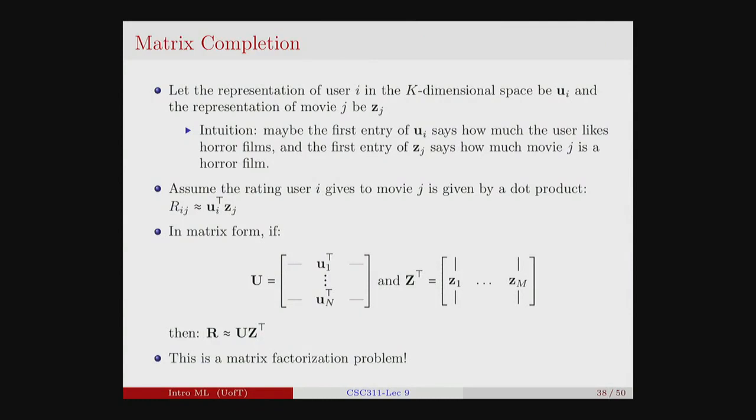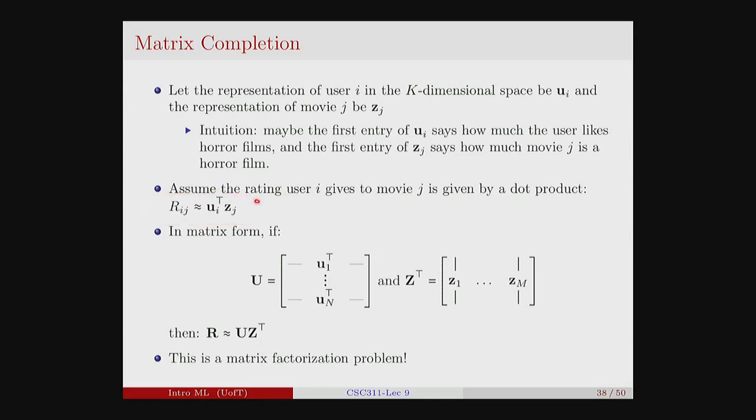So let the representation of user i in the k-dimensional space be U_i, and let the representation of movie j be Z_j. So the first entry of U_i could say how much the user likes horror films, and the first entry of Z_j could be how much movie j is like a horror film. And so you could assume that the rating user i gives to movie j is given by a dot product of U_i times Z_j.